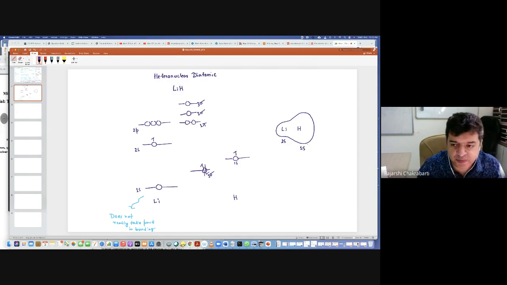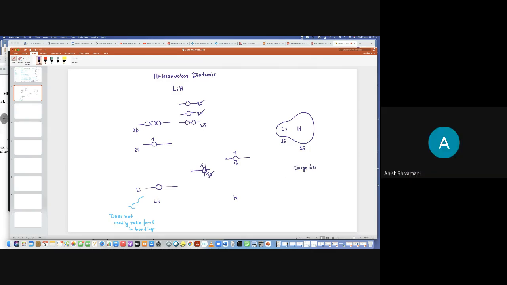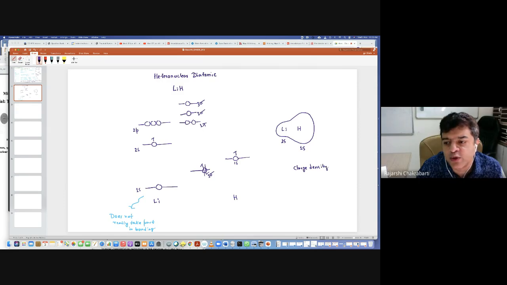What does it mean? What about the charge density? More on hydrogen. So the charge density is more on hydrogen. Basically, there will be appreciable partial charge on hydrogen and lithium, so they have an ionic kind of bond.